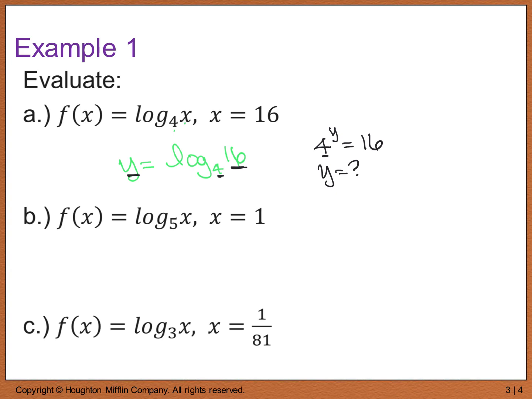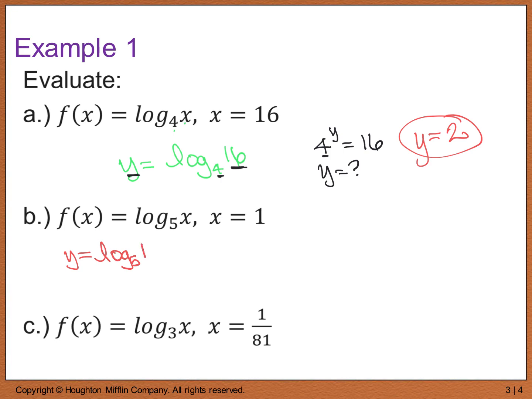So hopefully we know that when I take 4 and I raise it to the second power, we end up with 16. So that means that when we evaluate this log, our y value then has to equal 2. Now for part B, it's very similar. So essentially I have f of x, or I'm going to write y, is equal to log base 5 of 1.